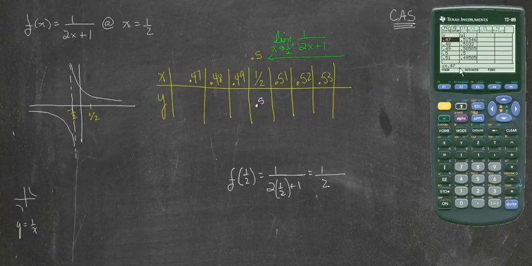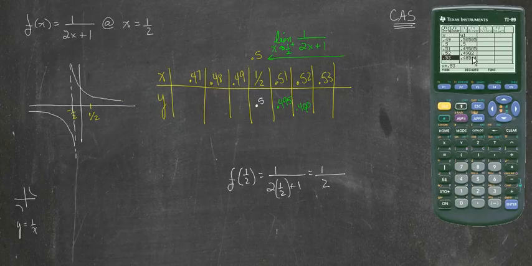But as x values approach from the right, so 0.51, what is the graph value? 0.495. At 0.52, it's 0.4902. And one more.